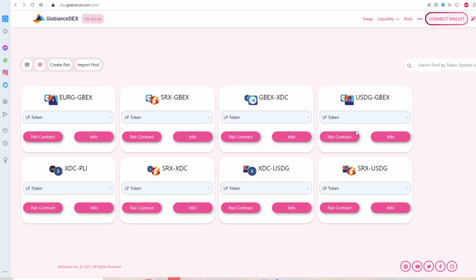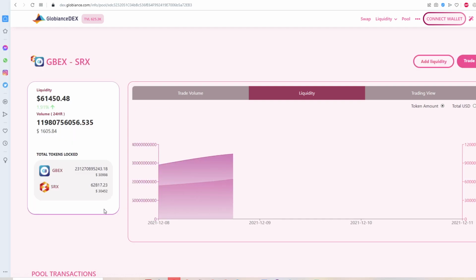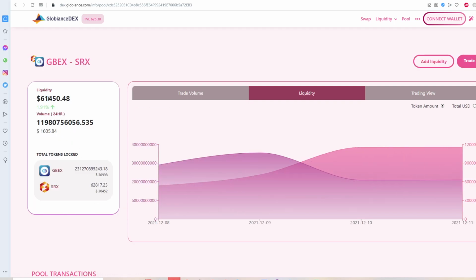But if we go to the next one, let's say SAX GBEX, you will see the liquidity is only 61k, and the trading was only 1k. That's why the difference is big. So there are in principle two ways you can go.